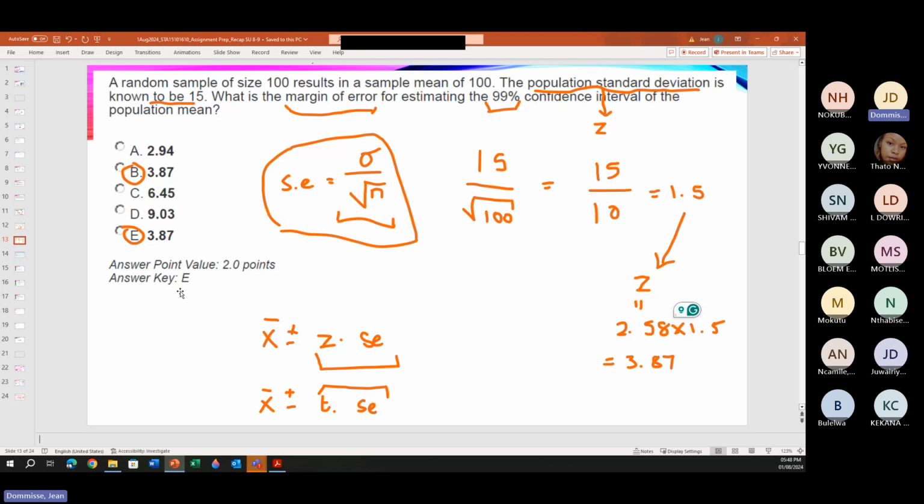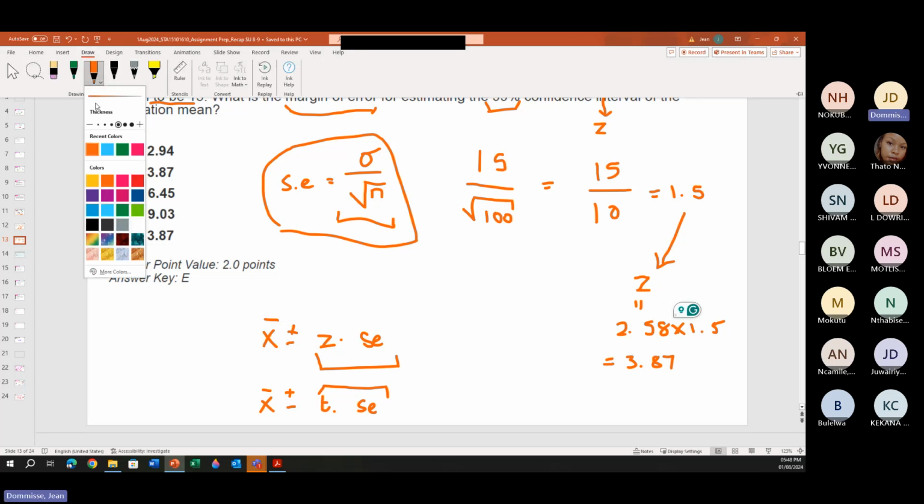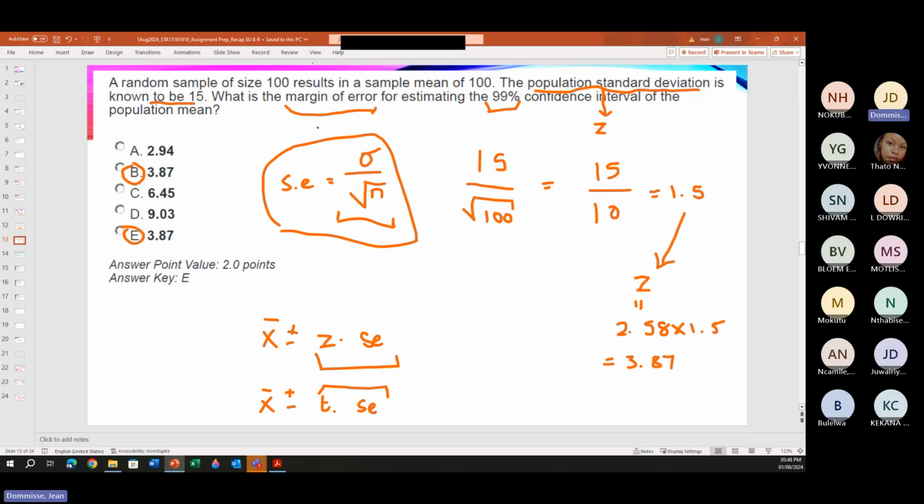Okay, but the important thing in this one is that we need to work out the margin of error. So just again, careful with this wording, the margin of error, and where the other one. So again, just be careful around the wording.